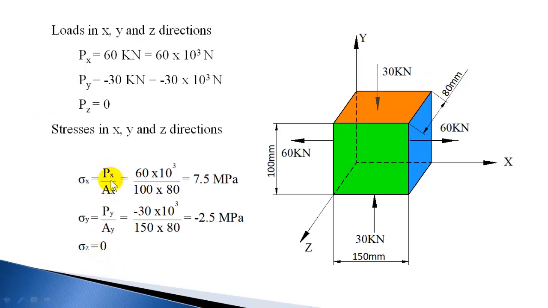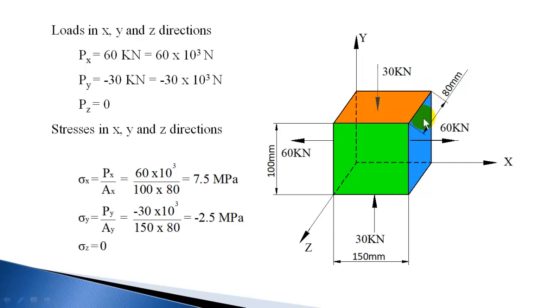In x direction, it is the load in x direction divided by the area resisting in the x direction. Load in x direction is 60 kilonewton, so 60 into 10 raised to 3 divided by the area which resists that load, this blue colored face. That is the area normal to this force, so it is y into z.